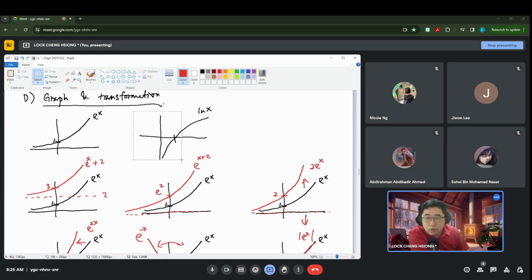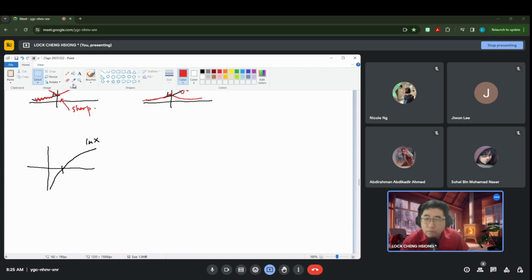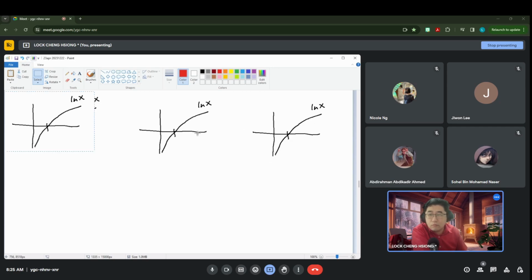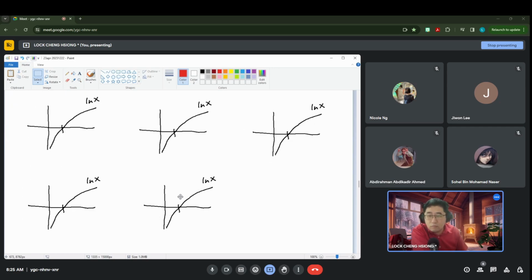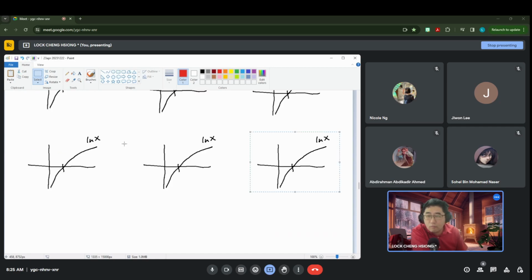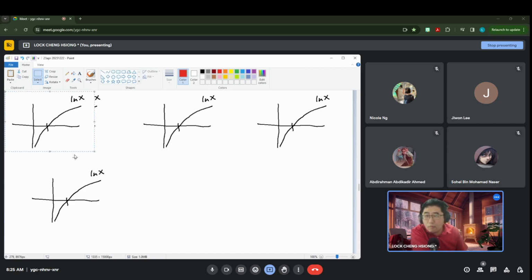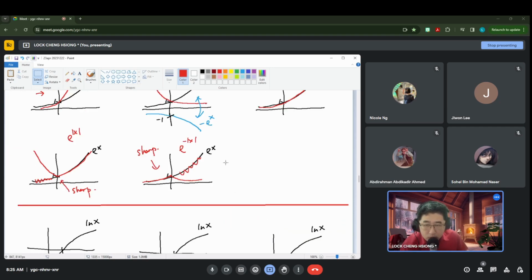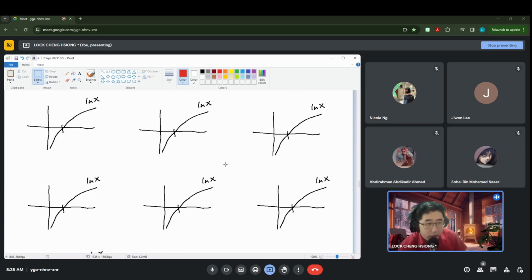Then the next one, let's look at the log graph. Let's see what is going to happen.